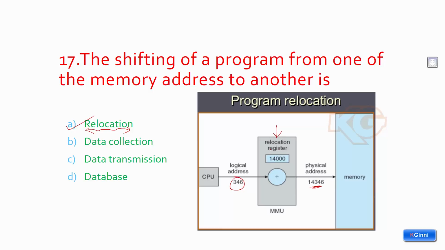A relocation register, by adding it to the existing logical address, provides the physical address. And assume 14000 starts from here, so it adds up, going to 14346 by adding this 346 to this register. Thus relocation is the option he is expecting from this, the shifting of a program from one memory address to another. Hope you understood this.